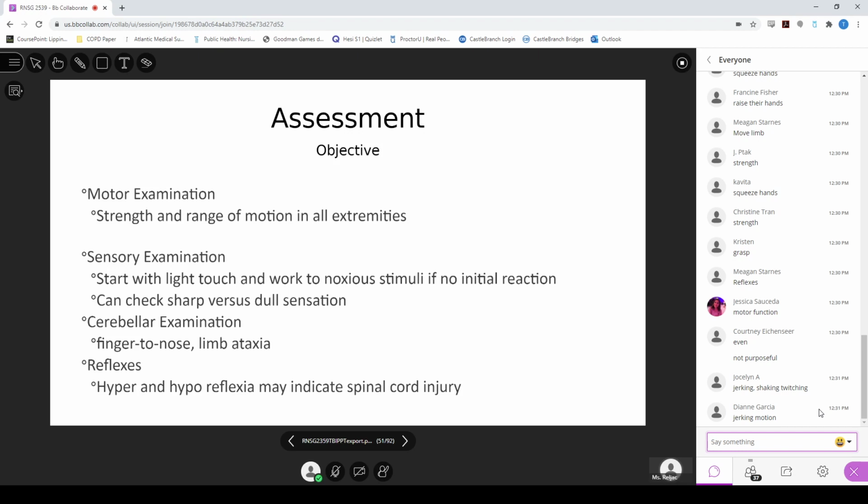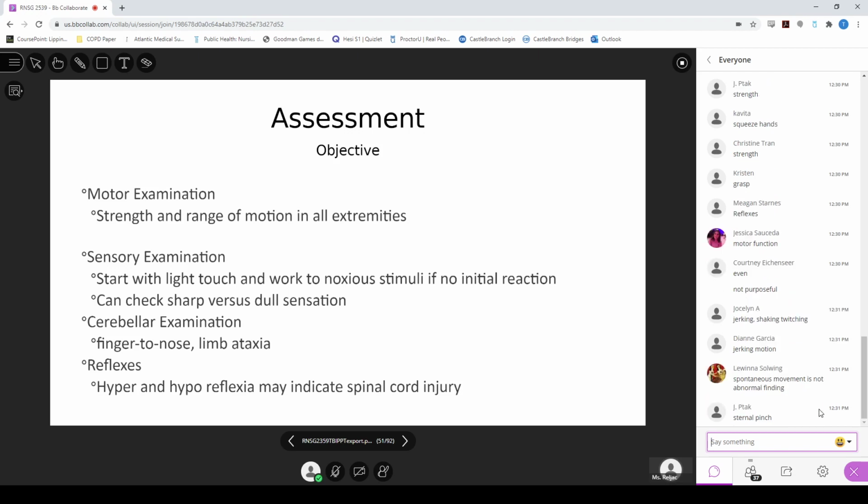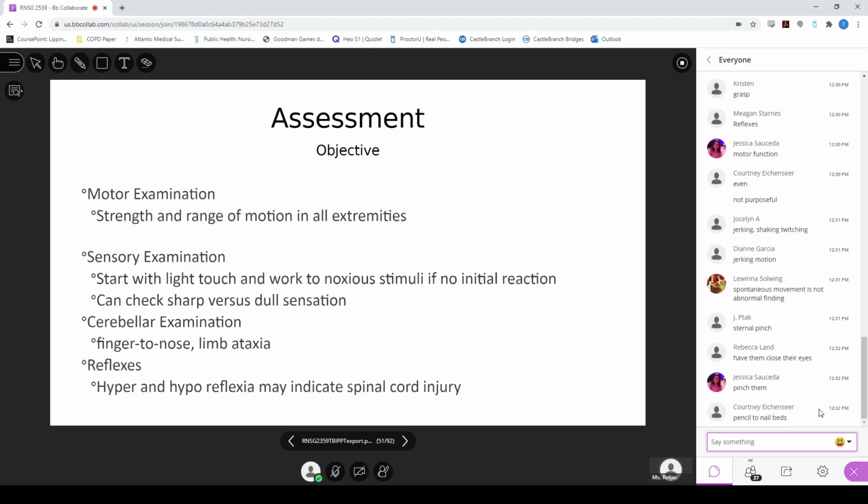And then if there's no spontaneous movement, assess the response to painful stimuli. How would you do this? How would you assess response to painful stimuli? If you have a patient that is not in a coma but is in and out of level of consciousness, spontaneous movement is not abnormal movement. Spontaneous movement is being able to move spontaneously on their own.